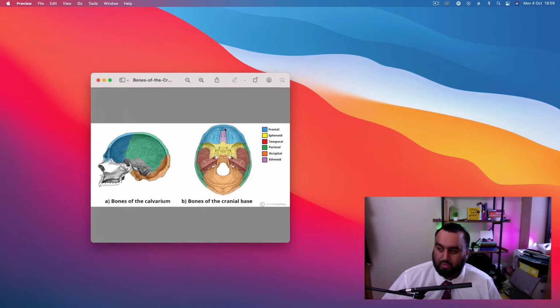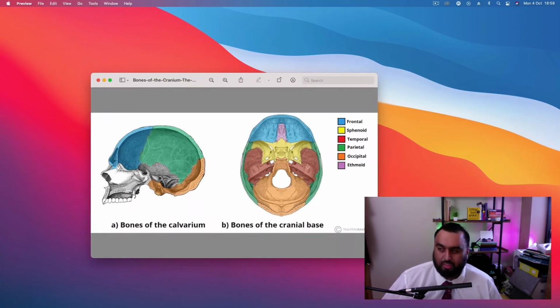This is the bit that I'm really interested in here. The bones of the cranial base. Now it's comprised of 6 bones. Frontal, sphenoid. You've got the ethmoid right at the front here. And here on the left hand side, right hand side, you've got the frontal, sphenoid. You've got the temporal here. On the side you've got the parietal bones.